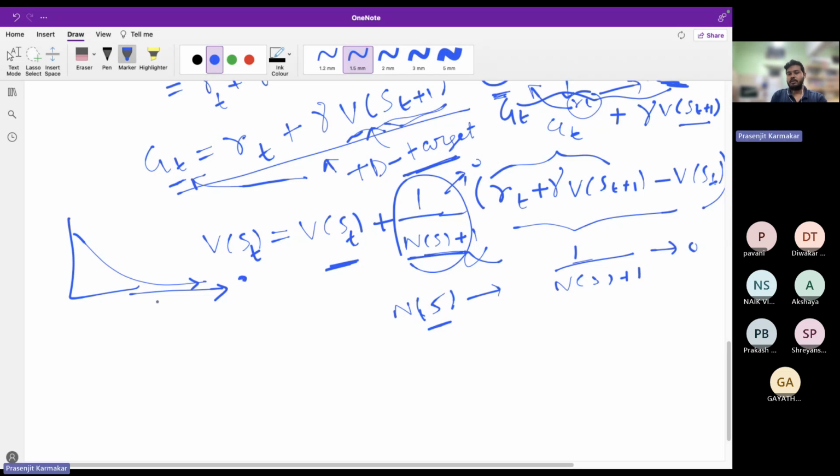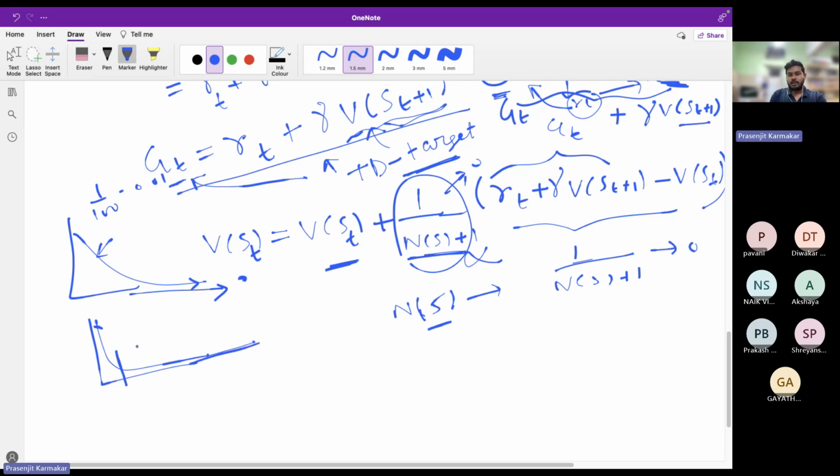But to keep learning, sometimes we keep it constant. For 1 over 100, it's already 0.01, so it decays really quickly. Not like this actually, it's something like this. This is how the 1 over N(S) plus 1 curve can be drawn. It decays very rapidly and goes almost to zero very quickly, right?